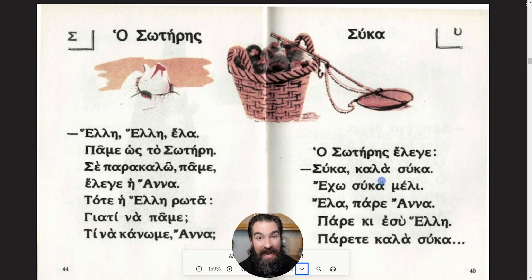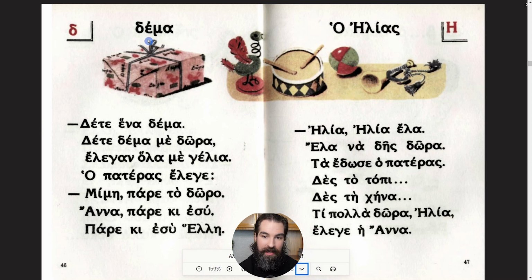Σίκα, καλά σίκα, έχω σίκα μέλι. Έλα, πάρε, Άννα, πάρε και εσύ, Έλλη, πάρετε καλά σίκα. Δέτε ένα δέμα.